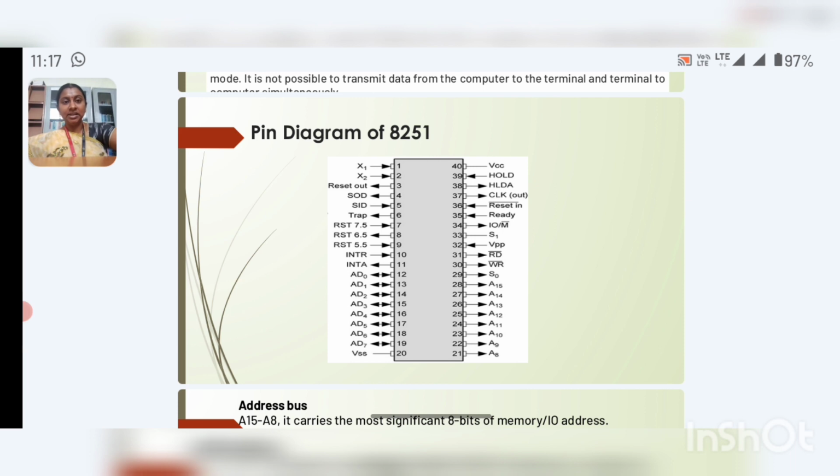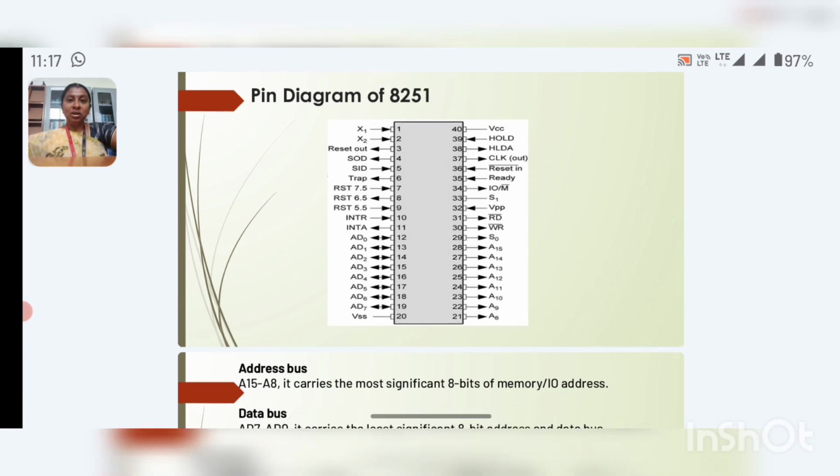Next one is reset. SOD, SID is nothing but serial output data, serial input data. Trap is used to trap the data if it is sent wrongly. Next, pins 7, 8, 9.